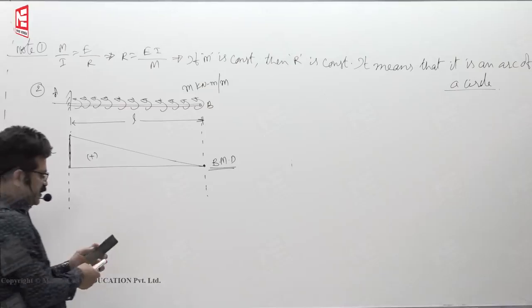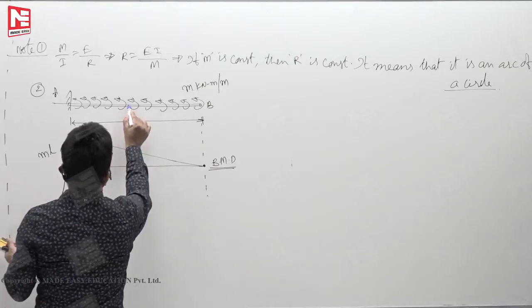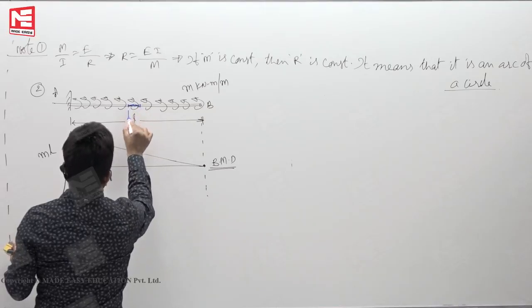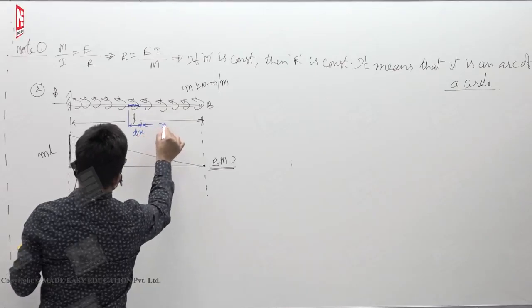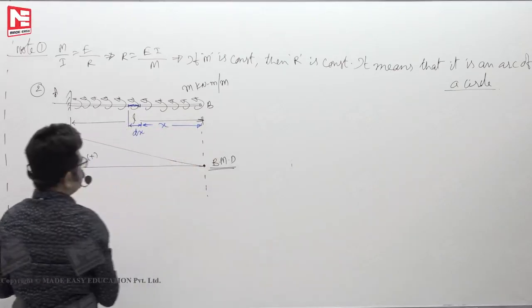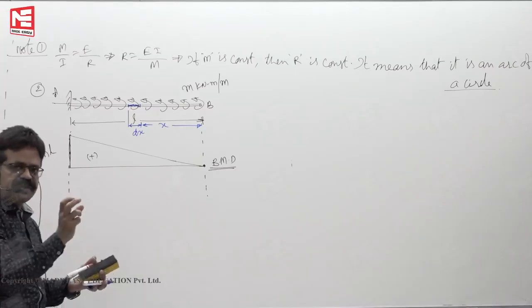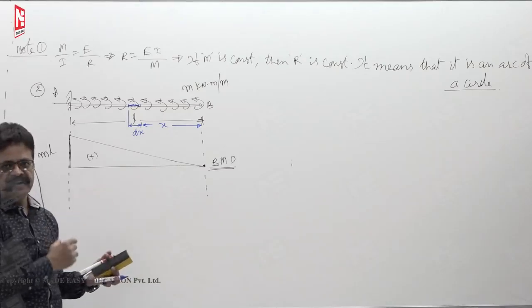How do you decide? What you will do is take a small section like this, with this distance, let us say dx, at a distance of x. Take the free body diagram of the beam. That free body diagram will tell you whether it is a case of pure bending moment or not.